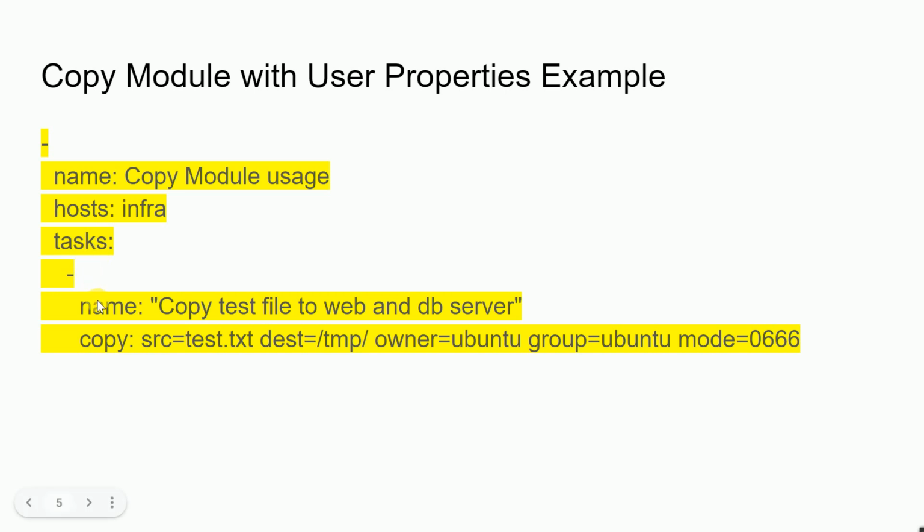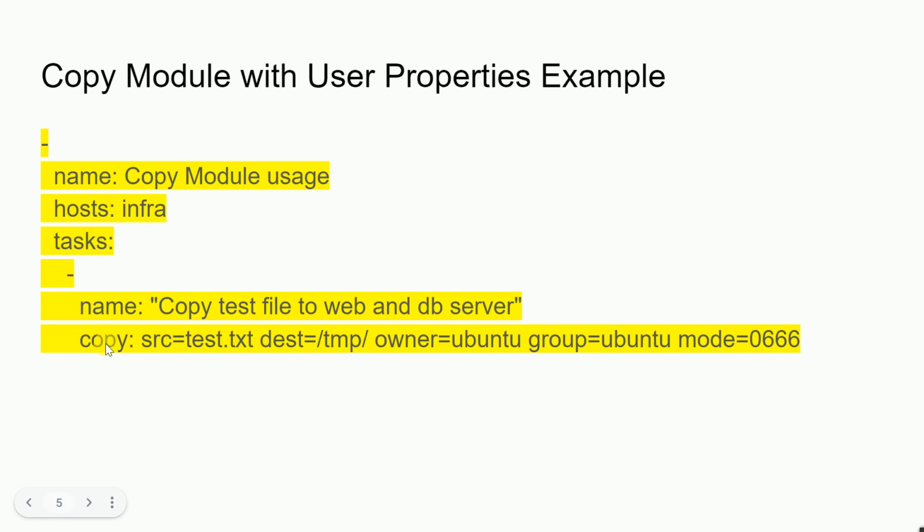Task name: copy test file to web and db server. If you remember my inventory file, infra is the group of aliases, and web and db servers are the individual servers. Then I use copy as a module.